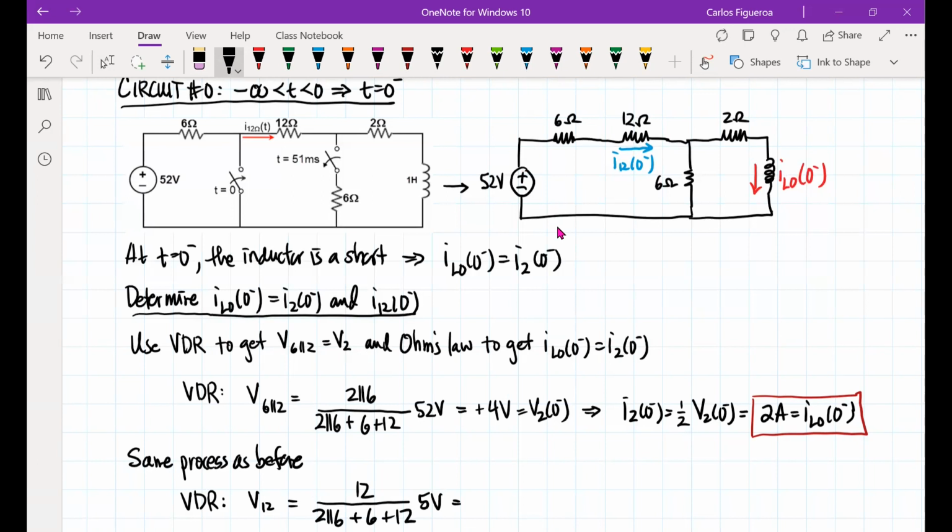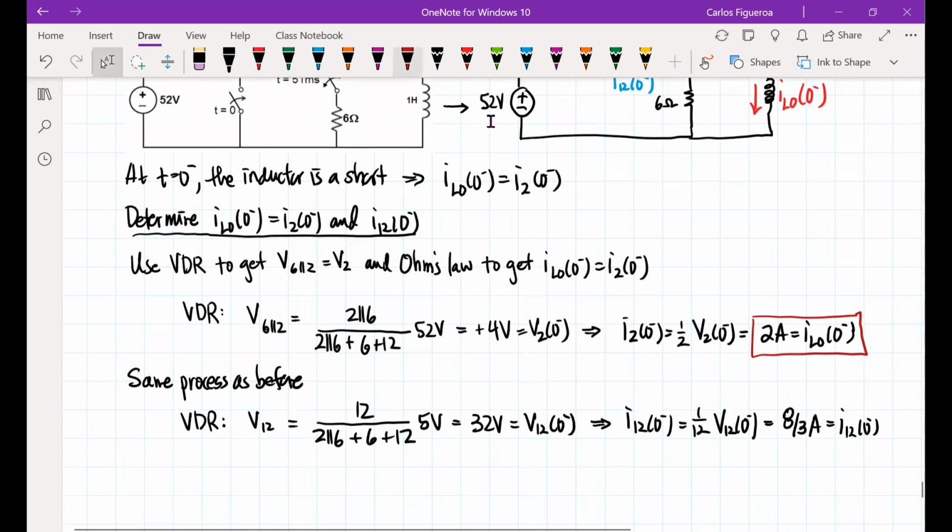When I compute that, I get a value of 32 volts, which is the voltage of the 12 ohm at 0. Now I want that current. I know that I12 of 0 minus should be 1 over 12 times the voltage of the 12, and when I compute that, that gives me 8/3 of an amp for I12 of 0. So now I have my initial conditions right here.